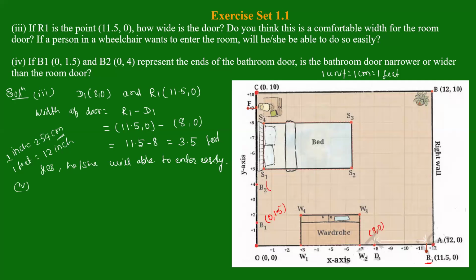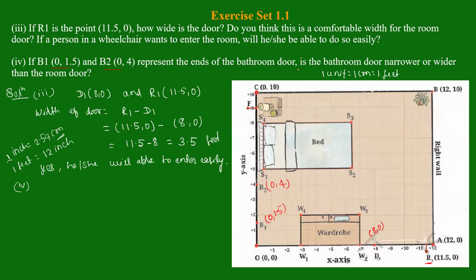Similarly, B2 is also on the y-axis. So what will be the x value? 0. And y is 4. This is already given here also. They represent the ends of the bathroom door. Both ends of the bathroom door.